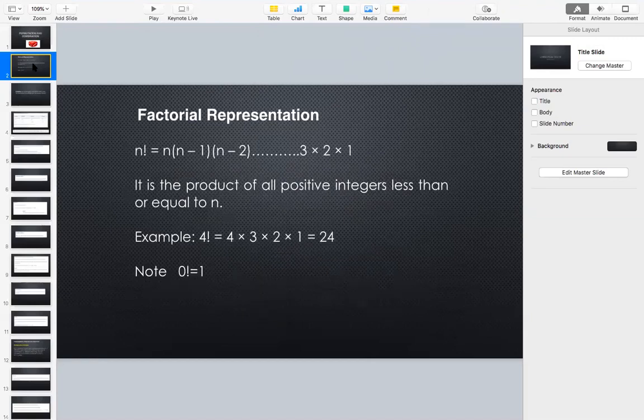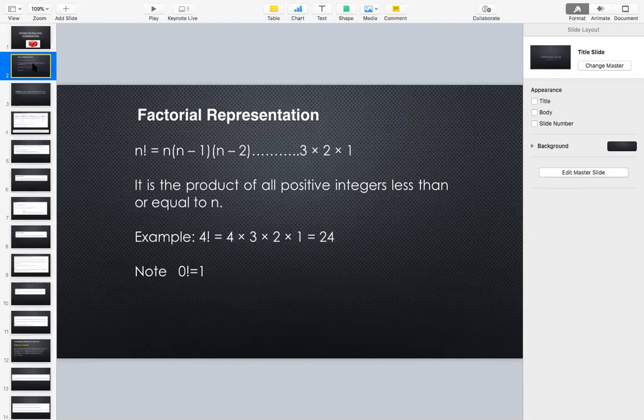It's a simple mathematical expression which is used to find out the product of all positive integers less than or equal to n. For example, if we have to calculate the value of 4 factorial, we will start with 4 and keep on decreasing the integers till we get 1 at the end.